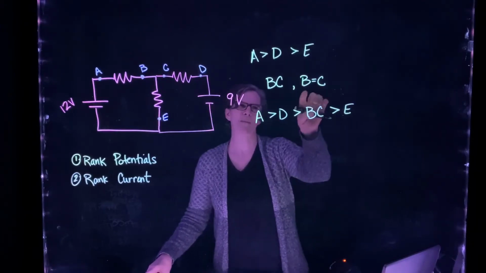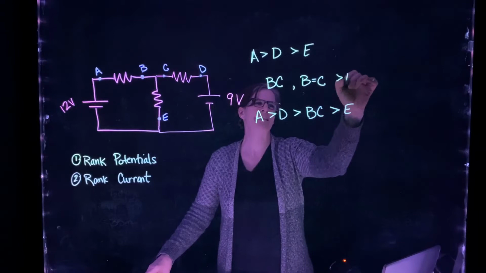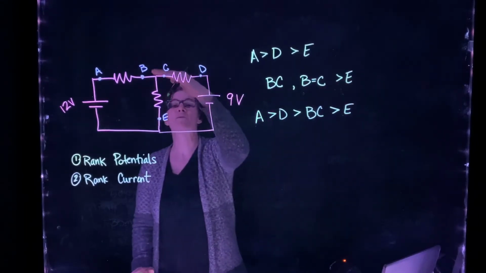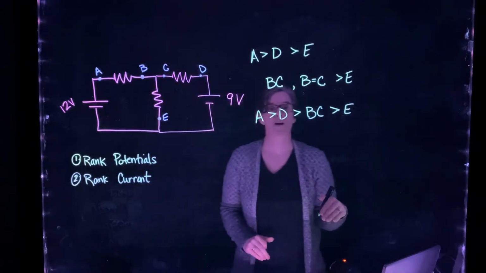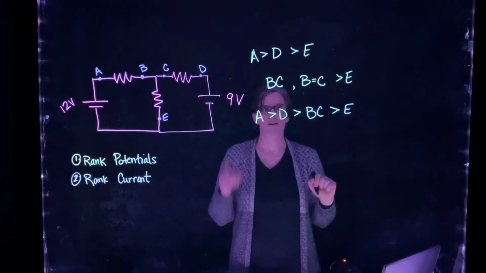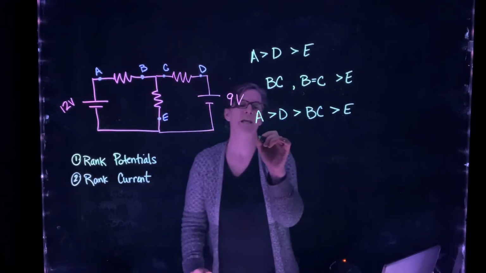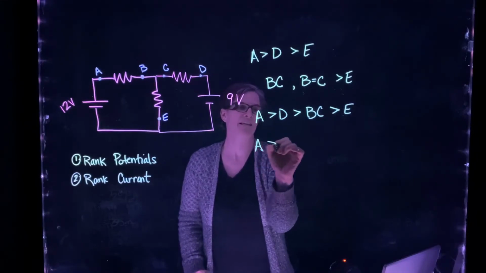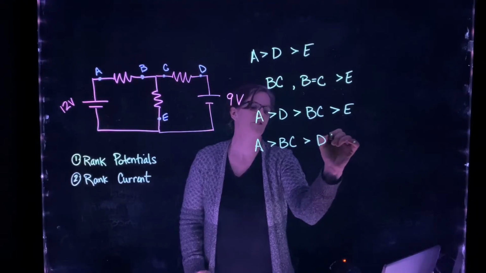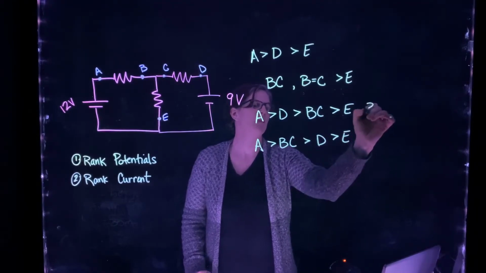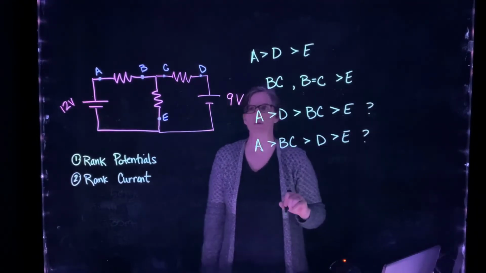We also know that B and C are greater than E because we have a resistor, and we know the potential drops across a resistor. Or we could have A greater than BC, which is greater than D, which is greater than E. So how do we distinguish between these 2?